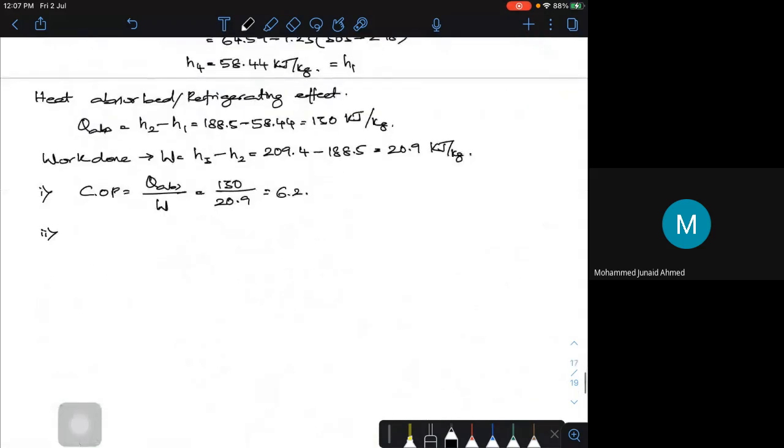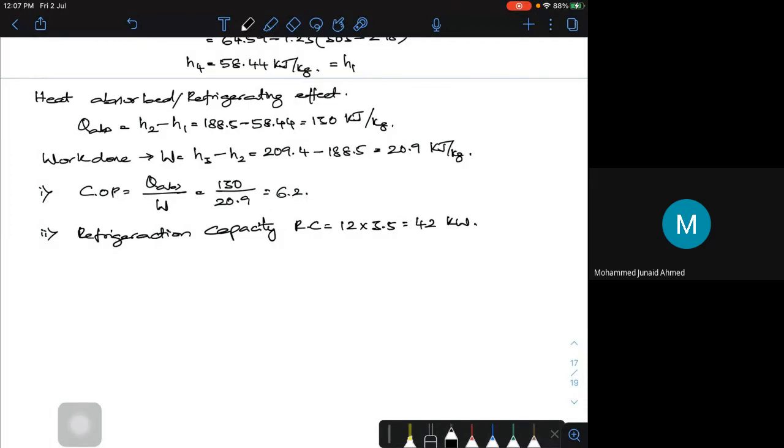Refrigeration capacity RC is equal to 12 into 3.5, which is equal to 42 kilowatts.